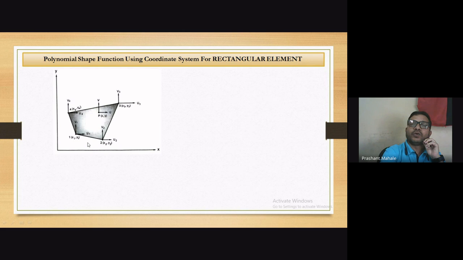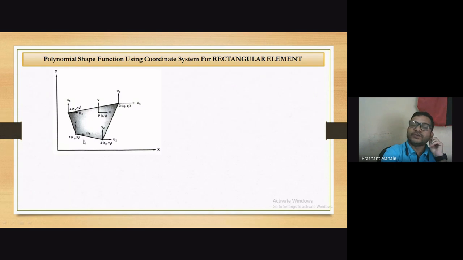Each node is going to have two possibilities of displacement, either in x direction, which we are going to call as u, or in y direction, which we are going to call as v.